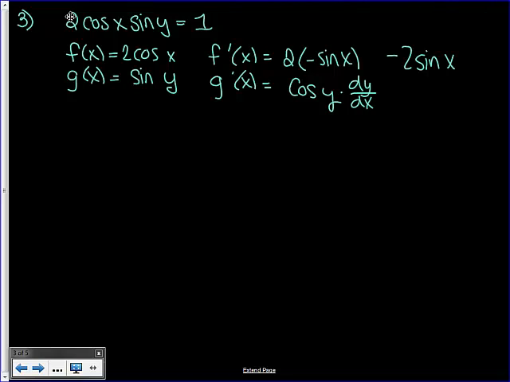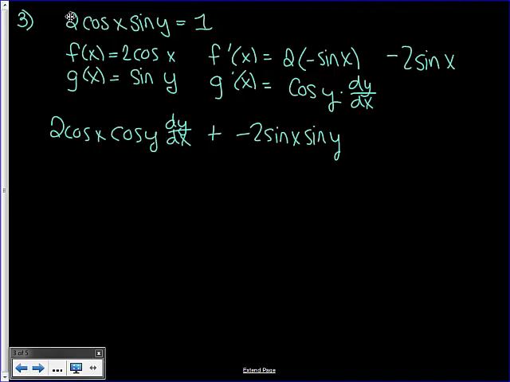So I have 2 cosine x times cosine y dy/dx plus negative 2 sine x sine y equals 0. Right, again, the derivative of 1 is just 0.